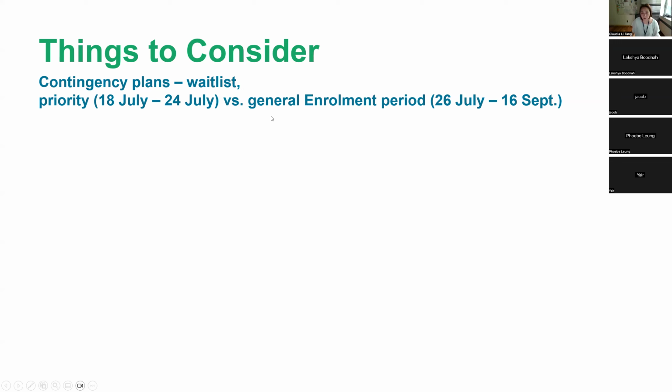The priority will drop and then it opens up. That means if the course is available and there are spaces, it will open up to students in other admission categories. And that means from the 26th to the 16th, you are able to enroll.